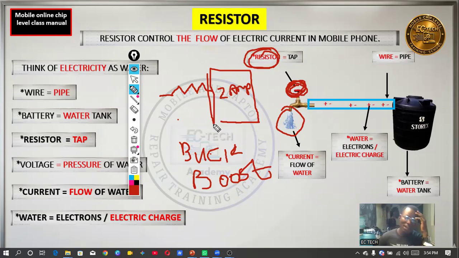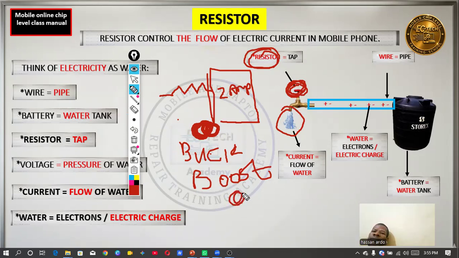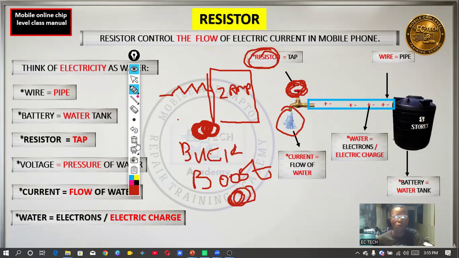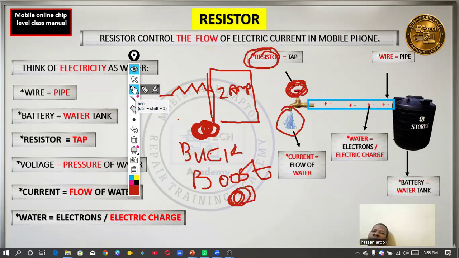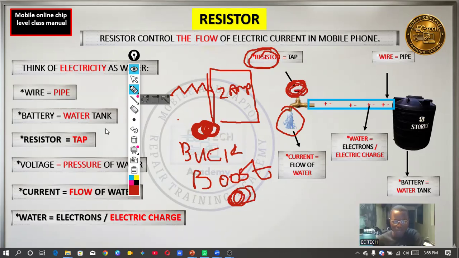I told you that the buck coil's wire winding is very thick, and for the boost coil, the wire inside it is tiny. Why? Because we said that this one does one thing. It increases the ampere, but decreases what? Voltage.